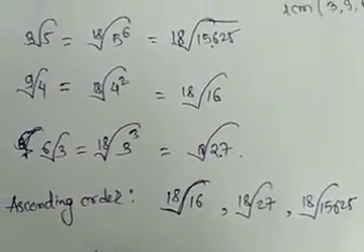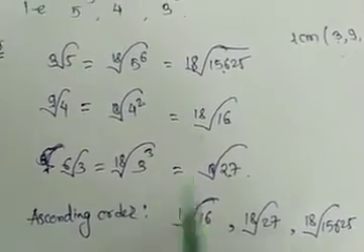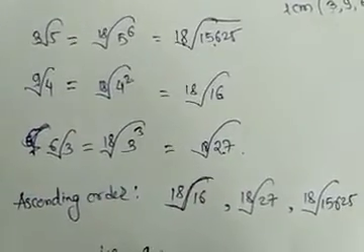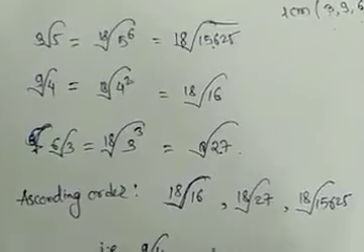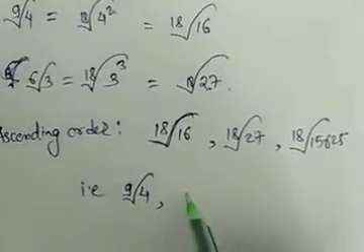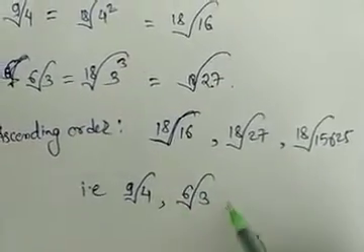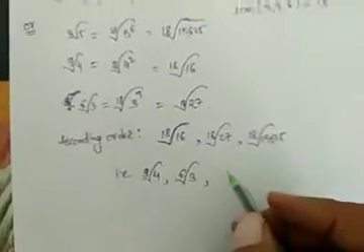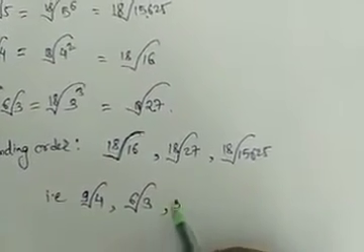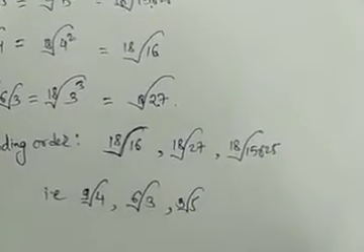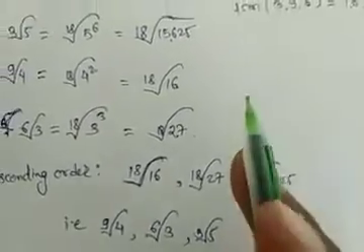That is, the 18th root of 16, the 9th root of 4, is our smallest value. After that, the next smallest value is the 6th root of 3, and last is the cube root of 5, which is our largest value in the above example.